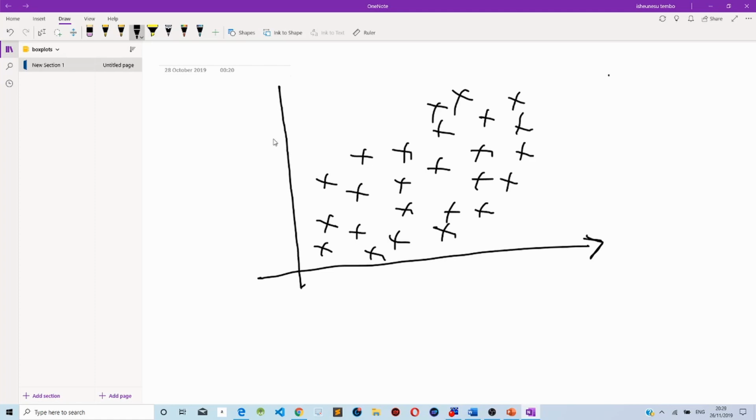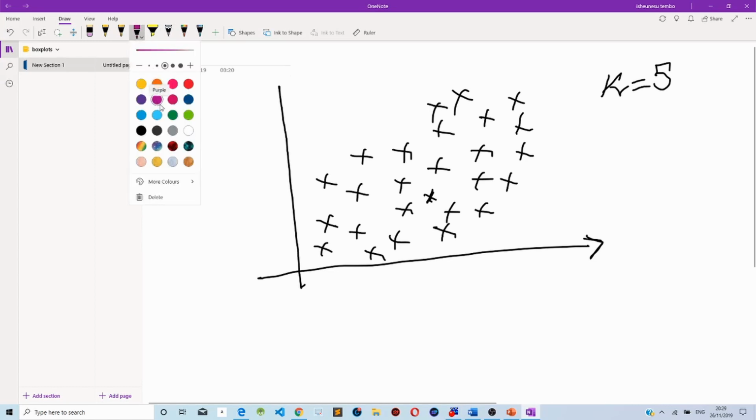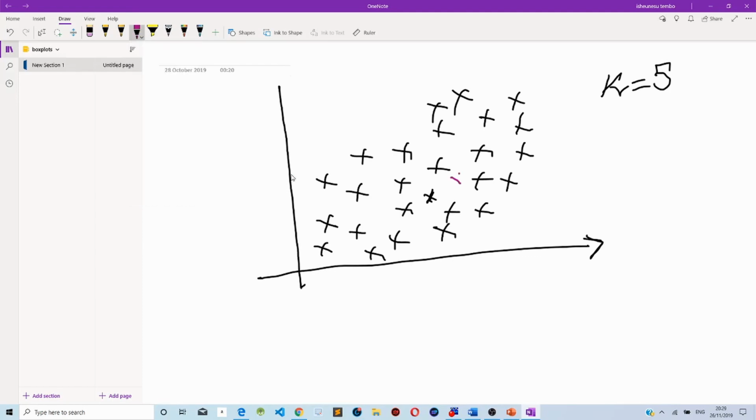So let's say k is equal to 5 in this case. We want to calculate the value of this purple point. So we consider 5 nearest neighbors. Let's say these are the 5 nearest neighbors.